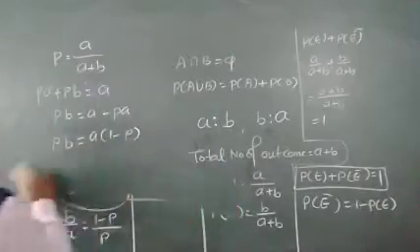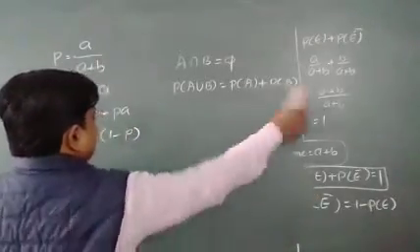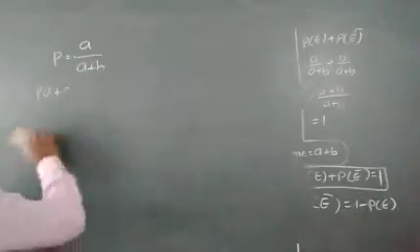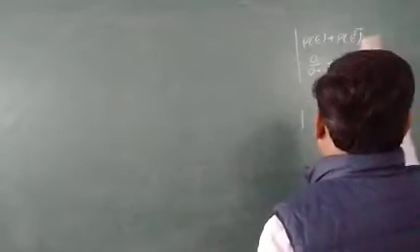Before solving the question, I want to tell you a few things: in a deck of playing cards there are 52 cards, and these 52 cards are divided into 4 parts. These 4 parts are called the suits, and that whole packet of cards is called the deck.